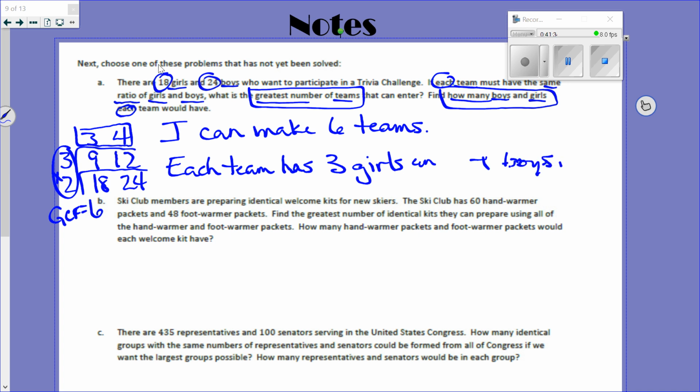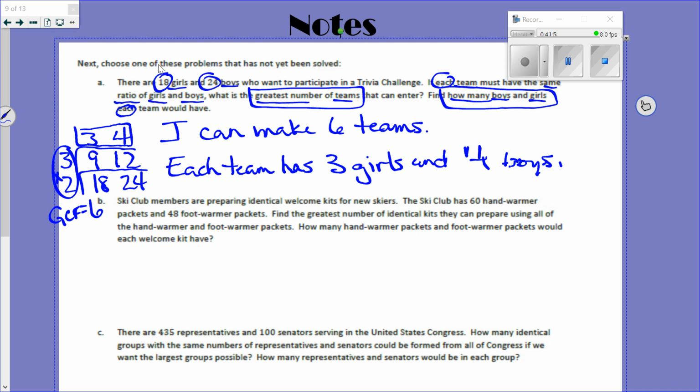What about the LCM? We don't need the LCM for this question. There are other questions later where you'll need LCM. This is not one of those. But that's why I said up front, you need to think about, am I looking at a bigger number or a smaller number? That's going to tell you, am I looking for GCF or LCM?